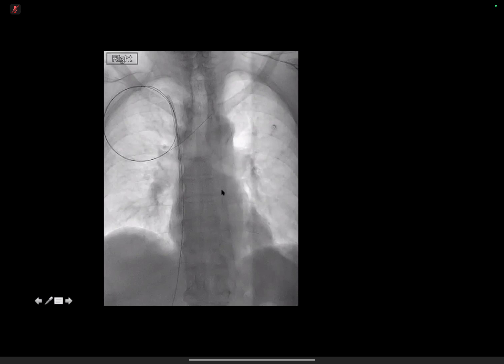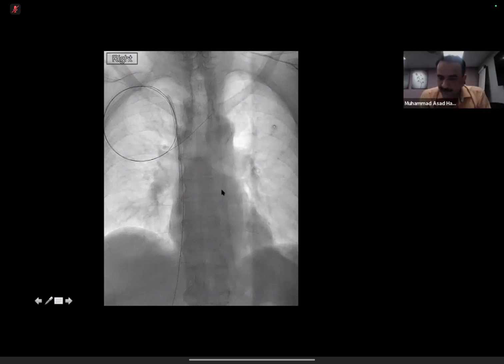Such cases have been shown where a broken catheter or a broken wire has been lodged into the right atrium, SVC. At times, the broken wires, especially the fine wires, have been shown to be lodged into the pulmonary artery bifurcation, and then the examiners throw you the candidates away that what is there. In this case, I have left the wire in to give you the guidance, but it could have been easily without any wire, just a broken catheter.